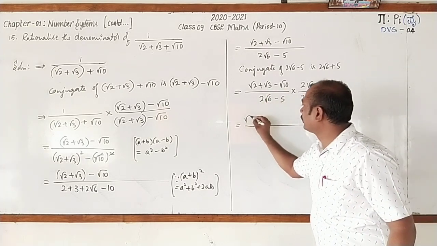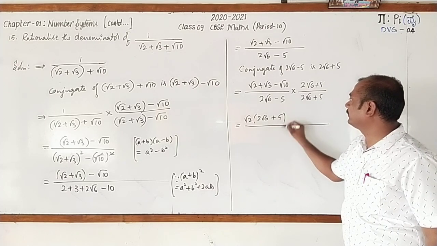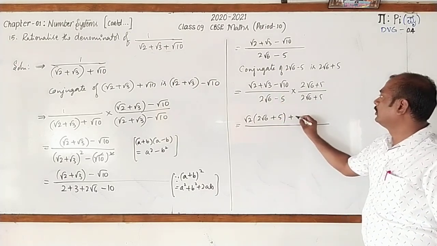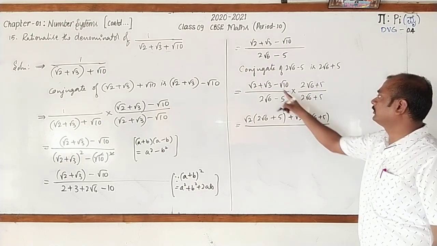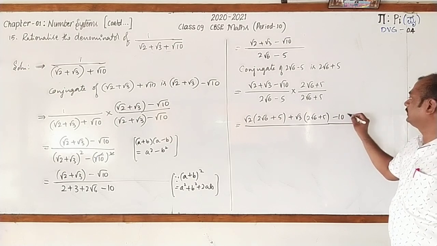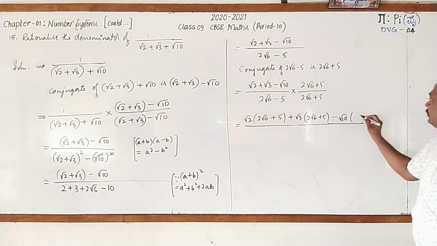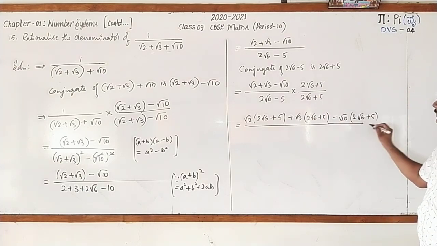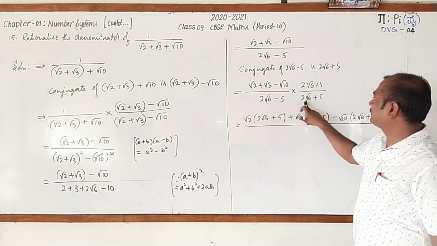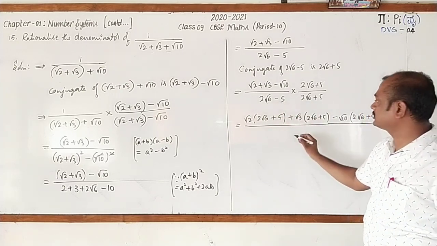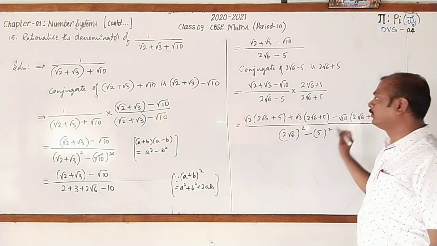I'll write root 2 into (2 root 6 plus 5), next plus root 3 into (2 root 6 plus 5), minus root 10 into (2 root 6 plus 5), whole divided by, it is of the form (a plus b) into (a minus b), a square minus b square, that is (2 root 6) whole square minus 5 whole square.